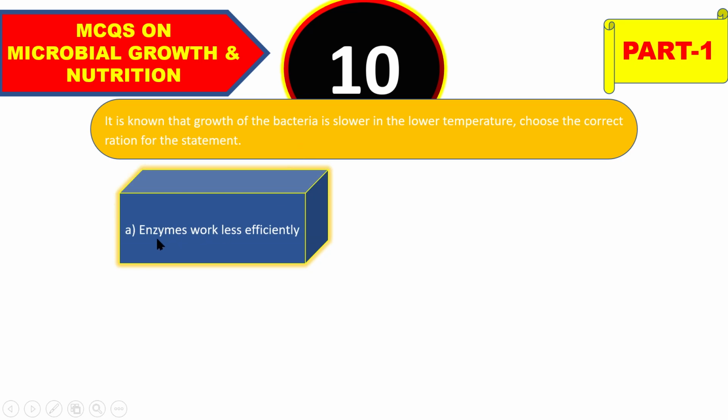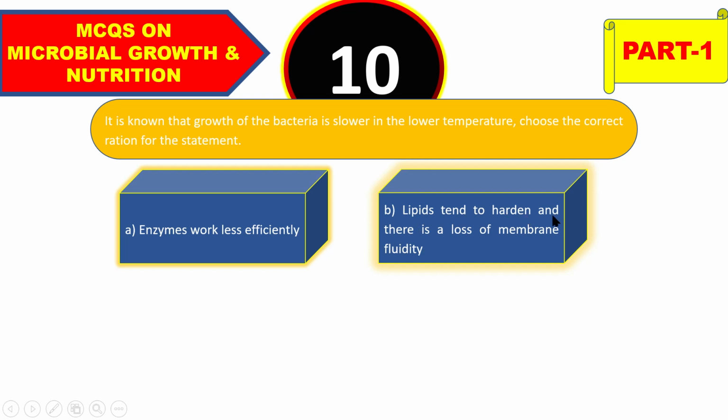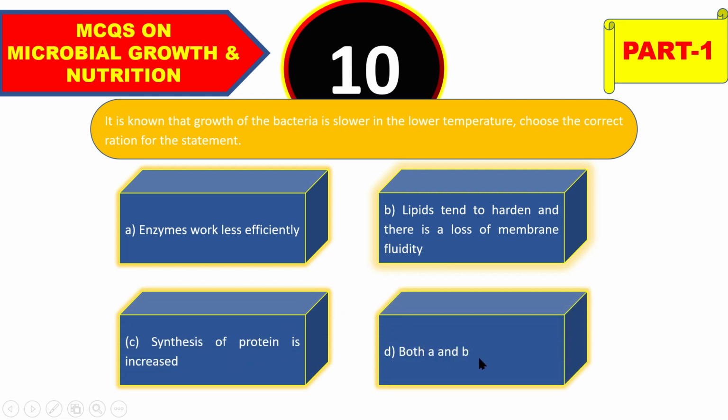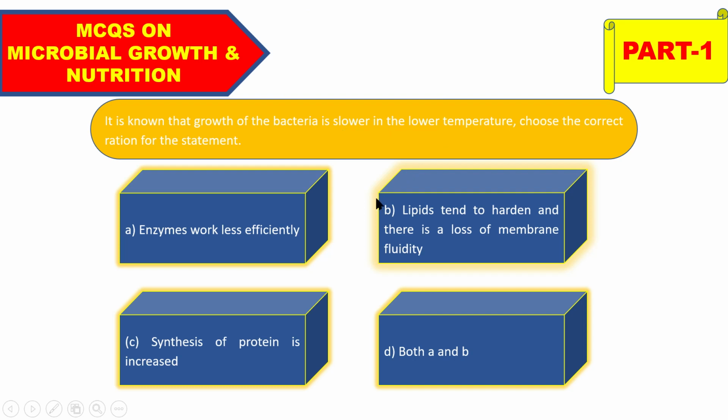The options are: enzymes work less efficiently, lipids tend to harden and there is a loss of membrane fluidity, synthesis of protein is increased, both A and B. So the right answer is option B, A and B. That is, enzymes work less efficiently when temperature is low, and lipids tend to harden and there is a loss of membrane fluidity when temperature is low. So these two are correct answers.